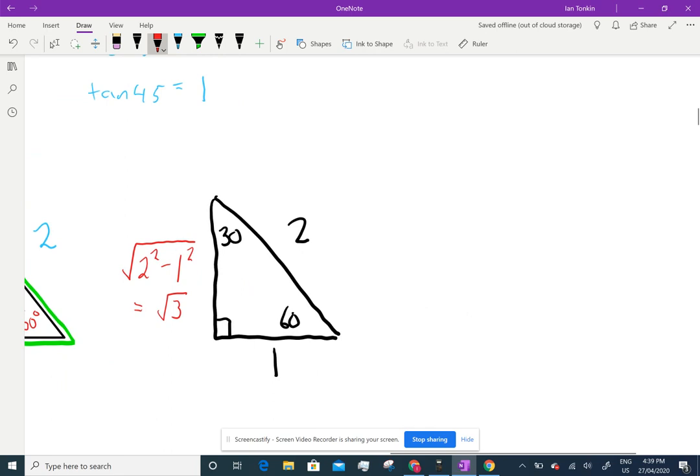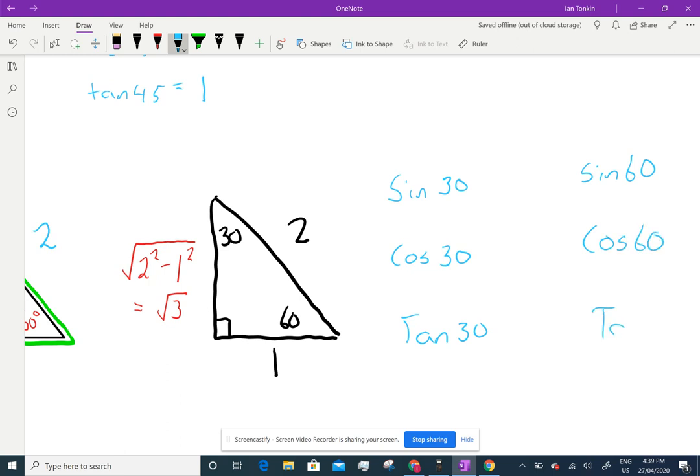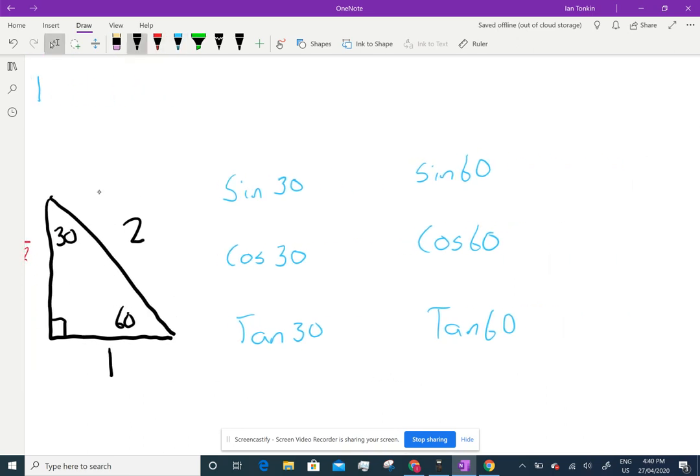And then all of a sudden, you get the ratios for sine 30, cosine 30, tan 30, and sine 60, cosine 60, and tan 60. They are also given on your formula sheet. What are they?